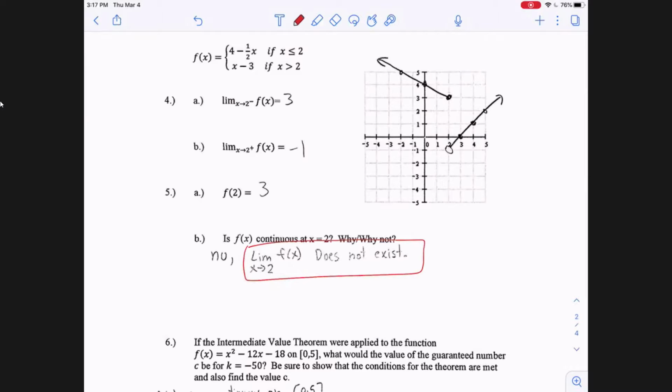Like if you said limit as x approaches 2 from the left side of f of x equals 3, but limit as x approaches 2 from the right side of f of x equals -1, and 3 does not equal -1. But either or. If you just said the limit as x approaches 2 of f of x does not exist, I would accept that.